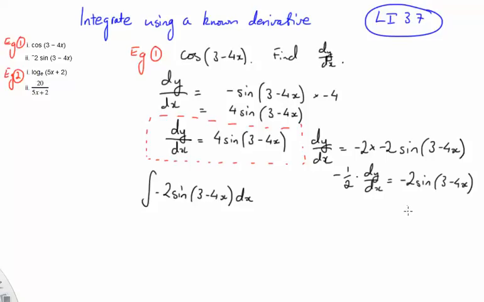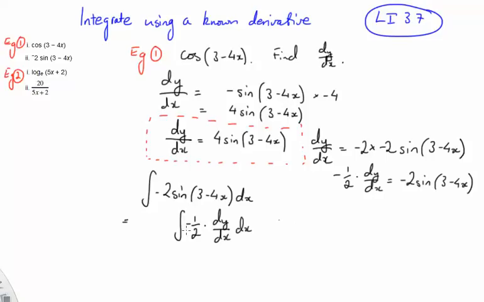And this is where we say, hang on a sec, we can replace negative 2 sin(3 - 4x) with this substitution. So let's sub that in. We've got negative a half times dy/dx.